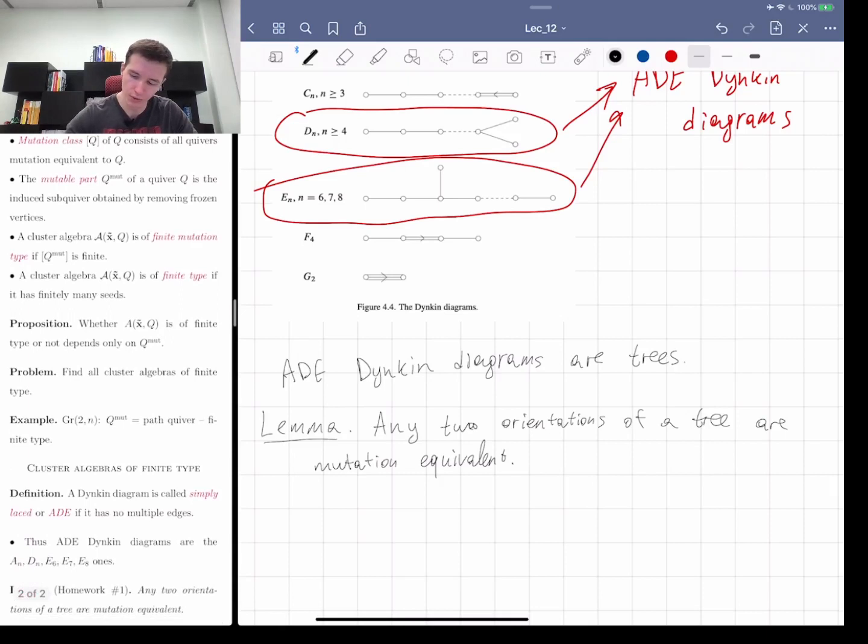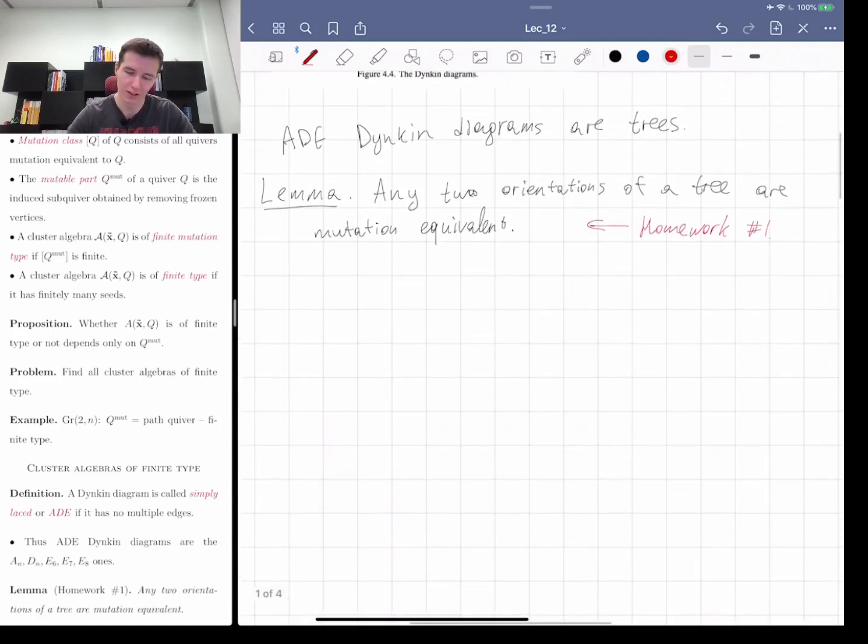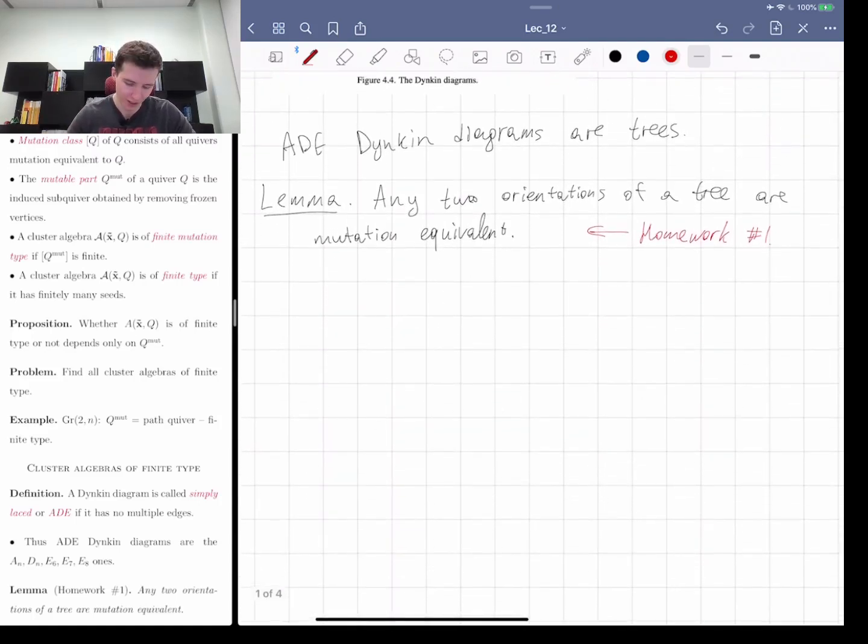So this was proved in the homework that was due this past Wednesday, well, it depends on which week you're watching in.